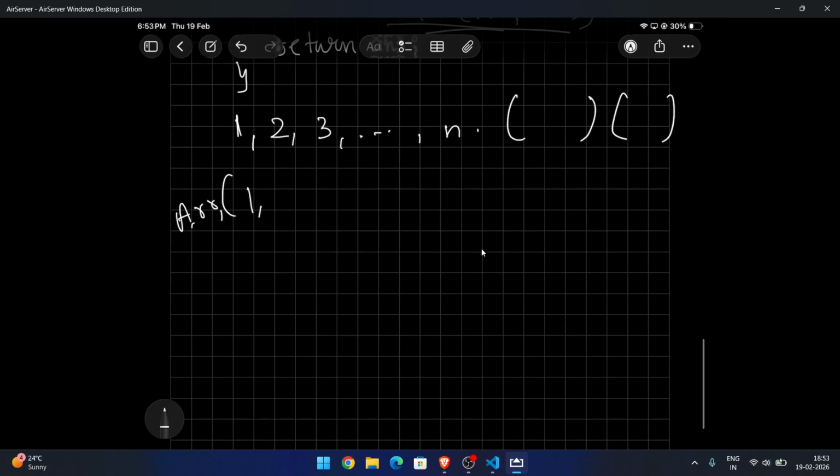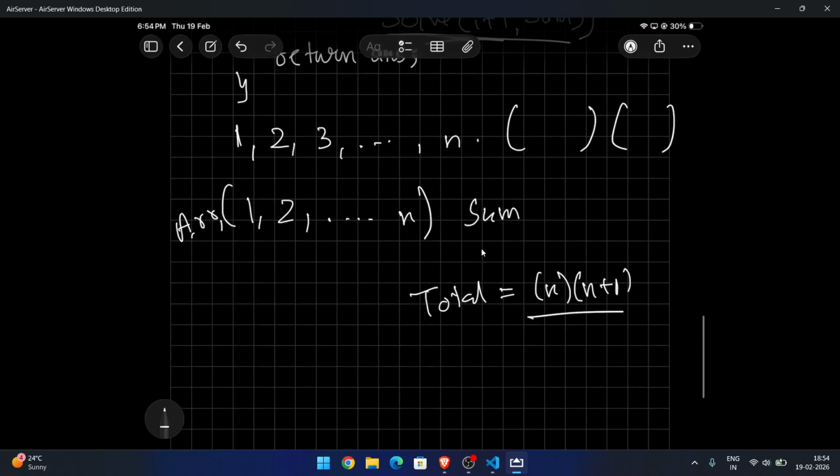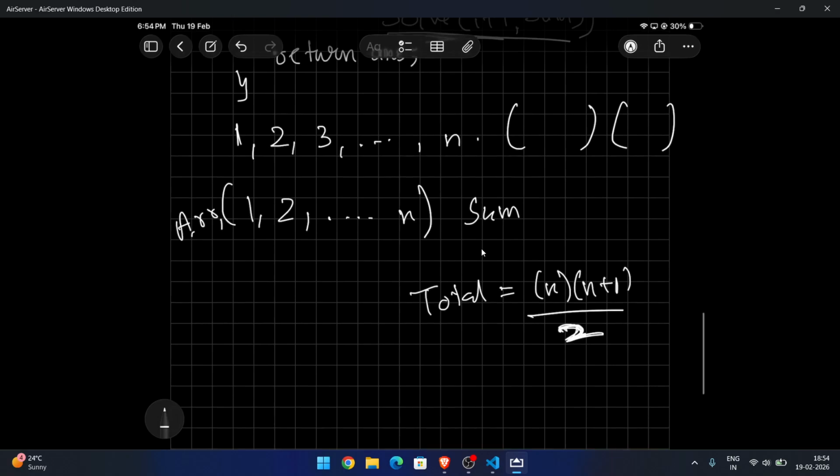And our target sum is what would be the total? The sum of the first n natural numbers is n times n plus 1 by 2. So this would be the answer for the first n natural numbers.